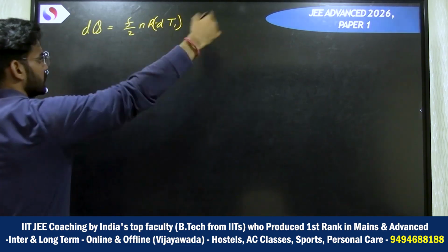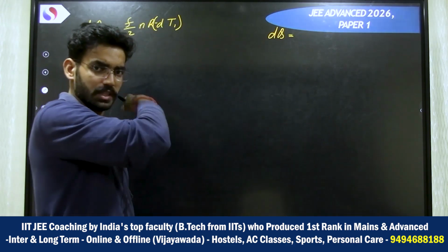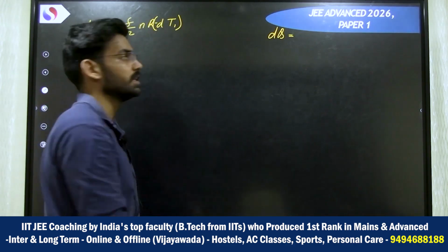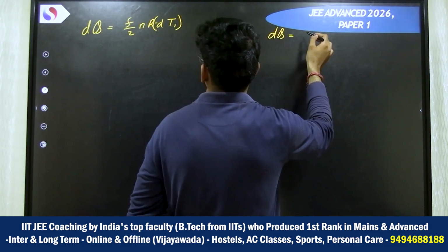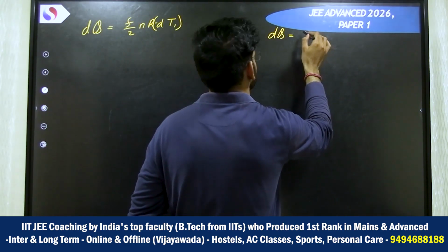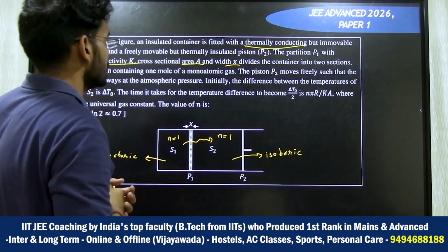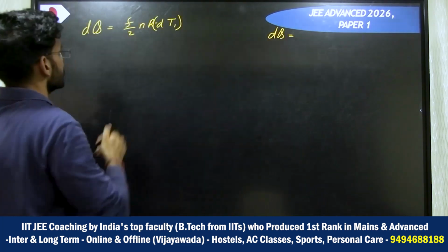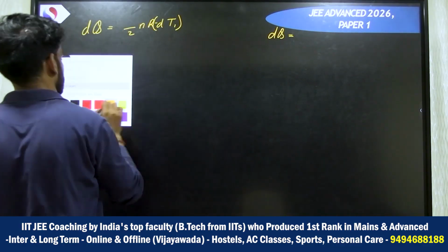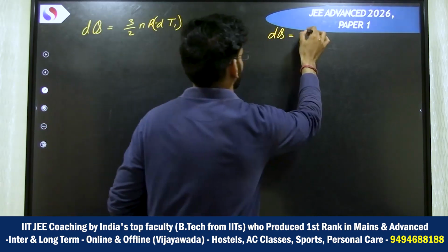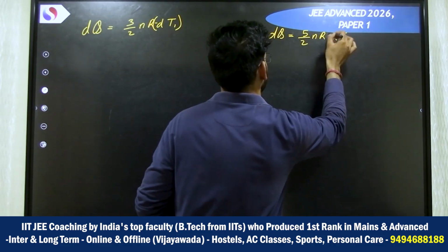And similarly for the S2 side, dQ will come how much? The same dQ will be there because the heat given by this will be the heat received by that, right? So dQ here will be F by 2 plus 1, that is (F plus 2) by 2, right? Since monoatomic is given, directly write 3 by 2 and 5 by 2, why complicate? 3 by 2 nR dT1 and here 5 by 2 nR dT2, like this, right?